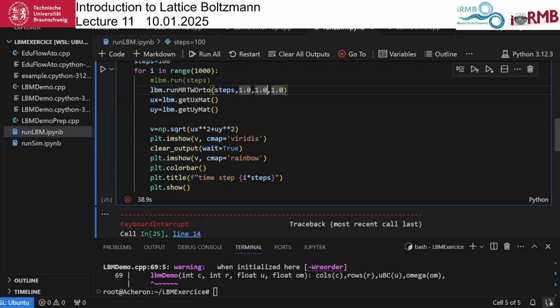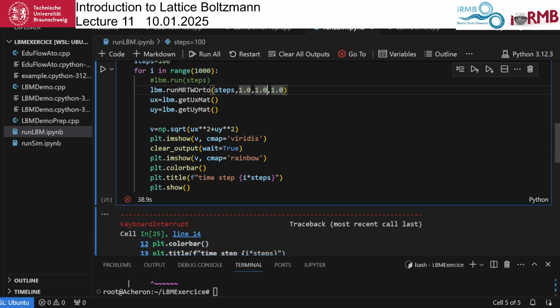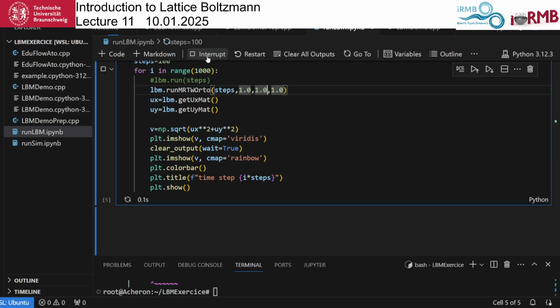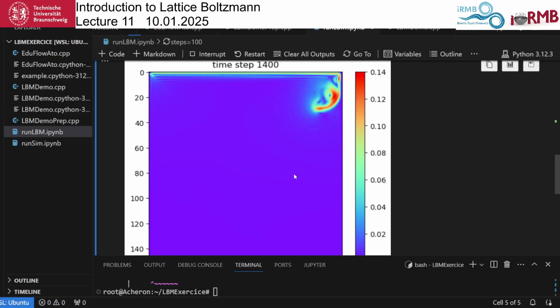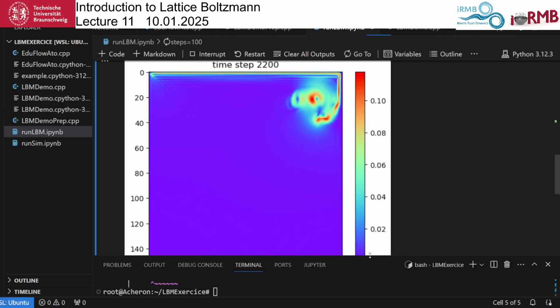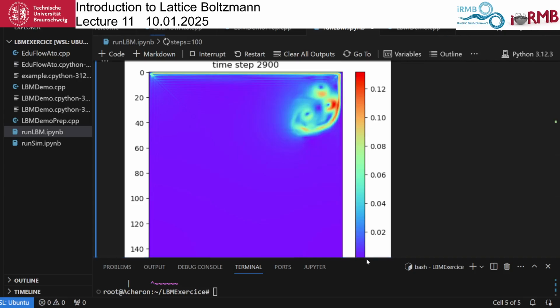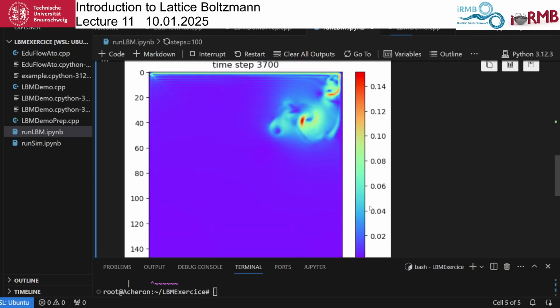And go down here and see whether whatever this does. Okay, so we have very high Reynolds number, supposedly. We don't get the entire thing on the screen, unfortunately.